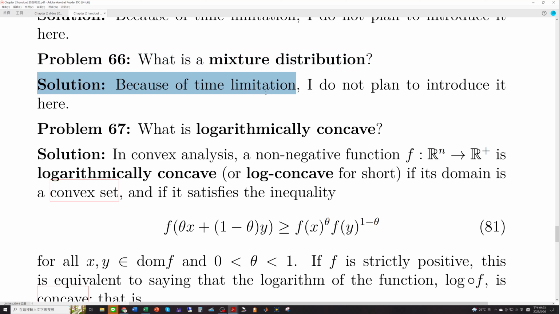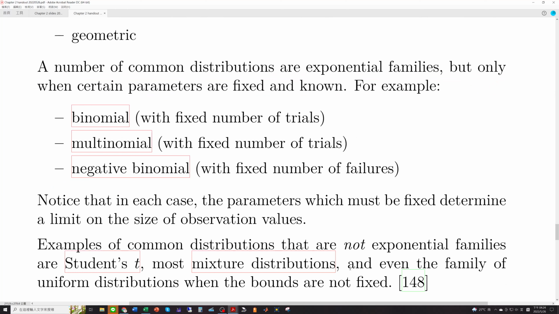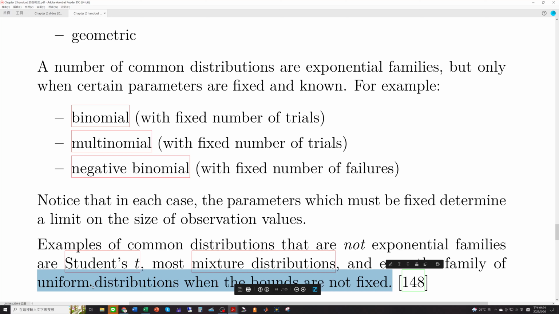Because of time limitation, I do not plan to introduce it here. And even the family of uniform distributions when the bounds are not fixed. I think you have learned what uniform distributions are when you took the course probability at the university.